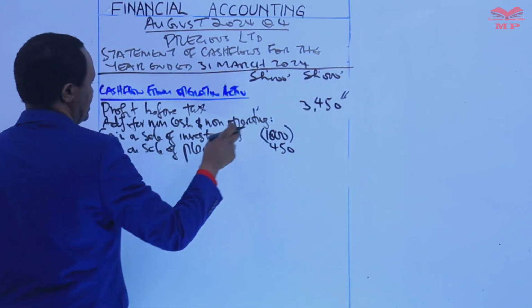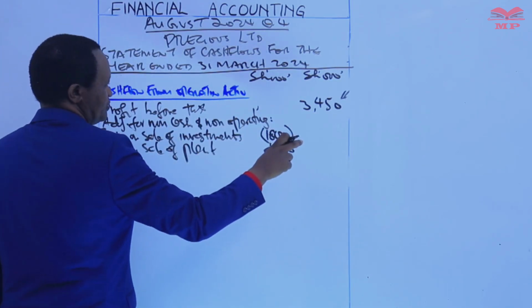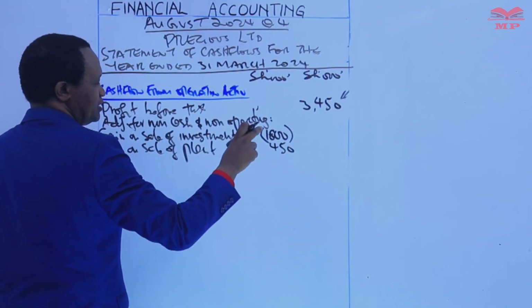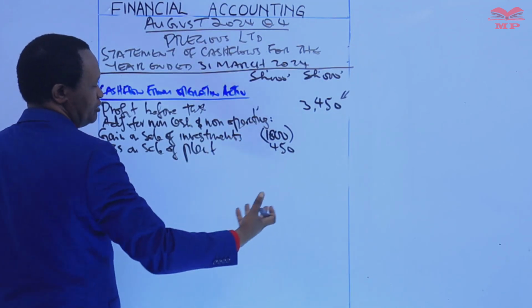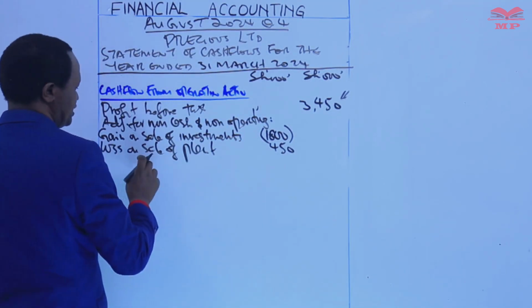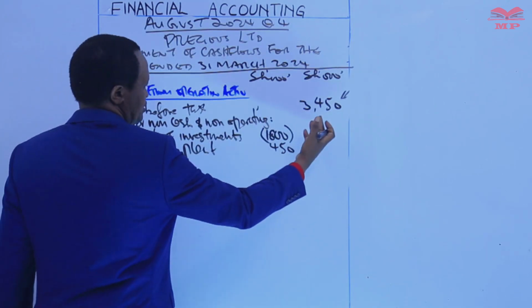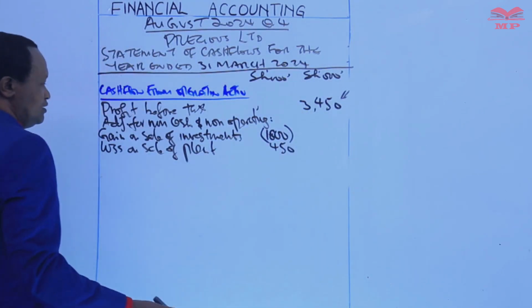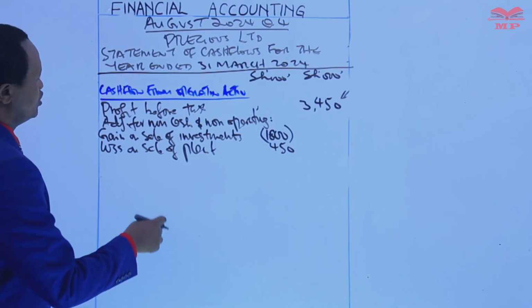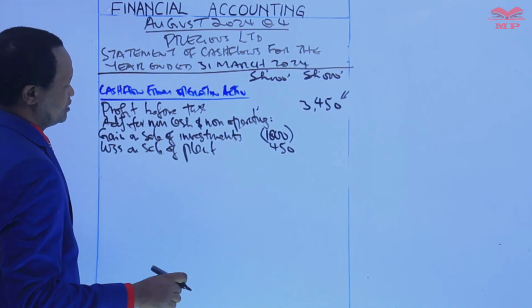It is a non-cash item. There was no money that was actually lost. It was just an entry in the books. So if it was deducted, then we have to add it back. So here we leave it as a positive. We add it. So these are the two non-cash items.